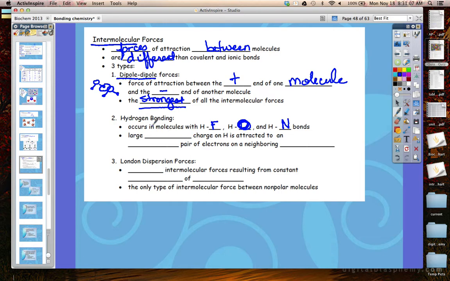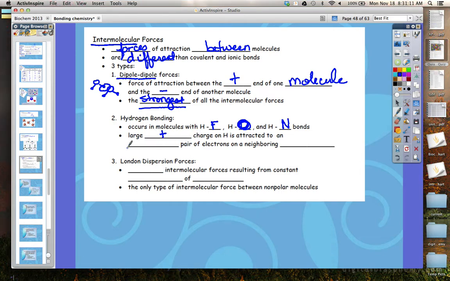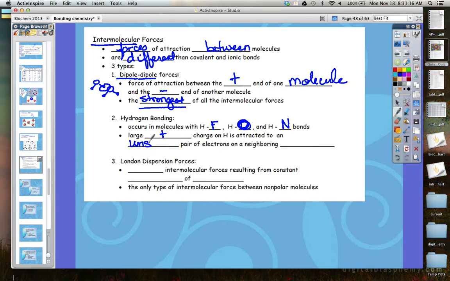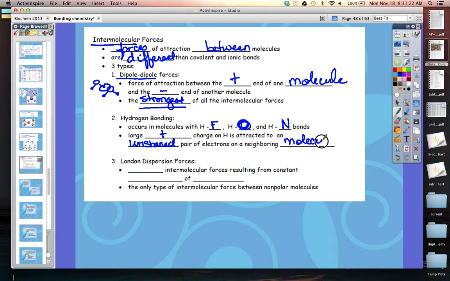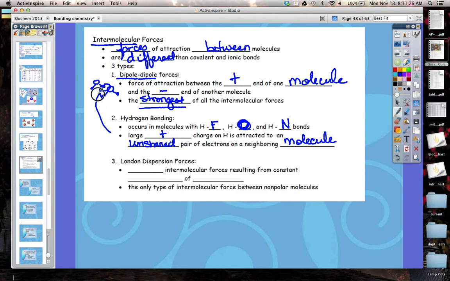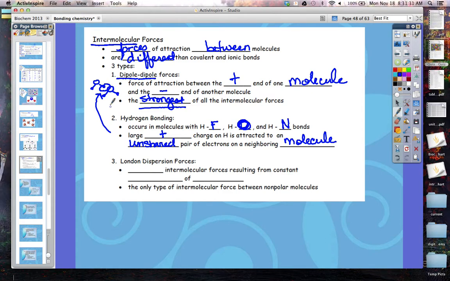And this is because we have a large positive charge on the hydrogen, and it's attracted to an unshared pair of electrons on a neighboring molecule. And once again, this is hydrogen bonding. It acts the same way, and I'll show you an example of that in class.